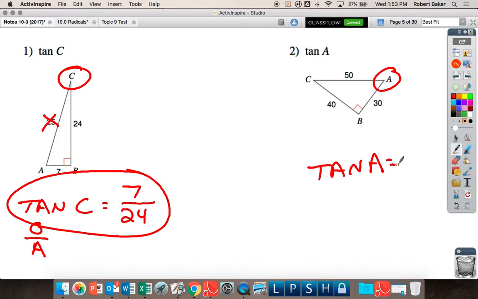So which one is the hypotenuse so I can get rid of it? 50 is the hypotenuse. You're not going to use that number. So tangent is opposite over adjacent. Which one's opposite of A? 40. Which one's adjacent to A? Nailed it. Don't have to reduce that or do anything to it? Nope. Leave it just like that.